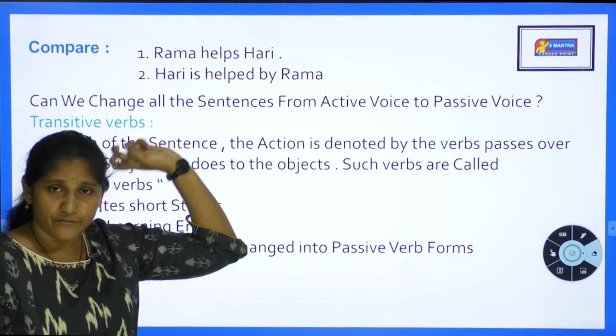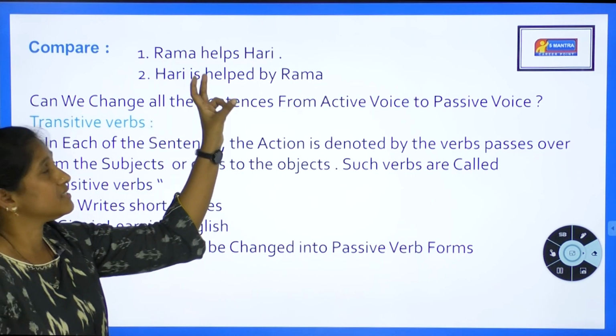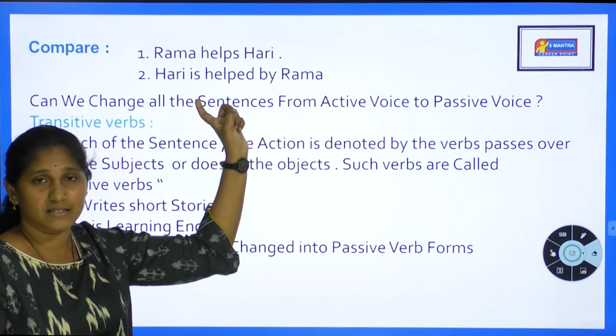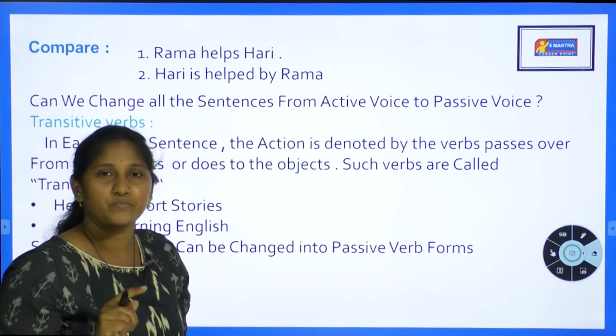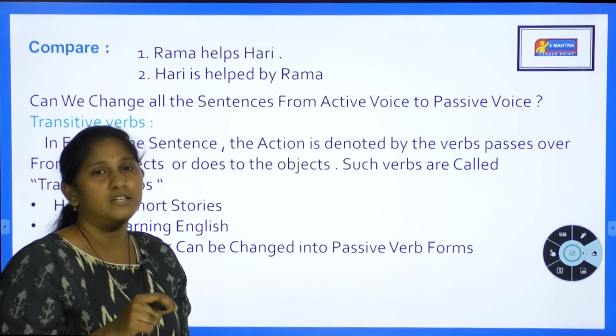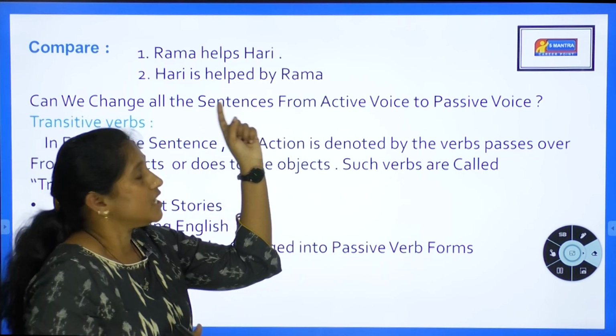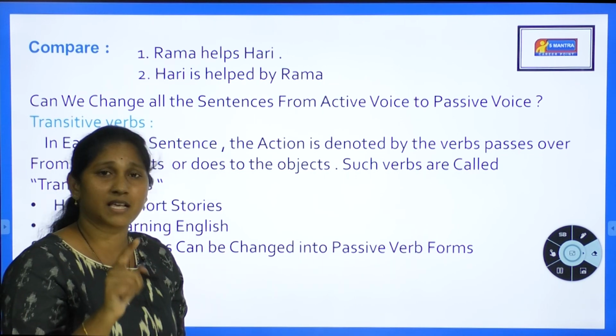Then, are there any differences in those sentences? Yes, the structure of the sentences is different, but the meaning is the same. In active voice and passive voice, the meaning is the same.